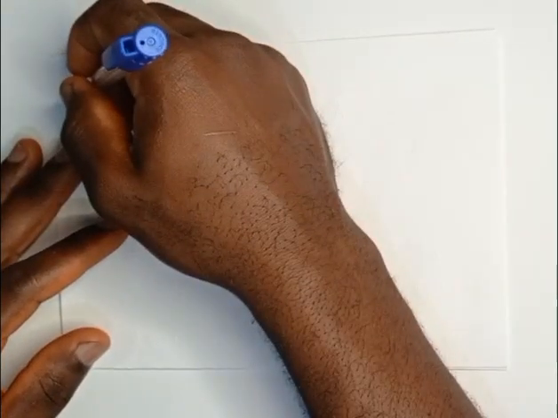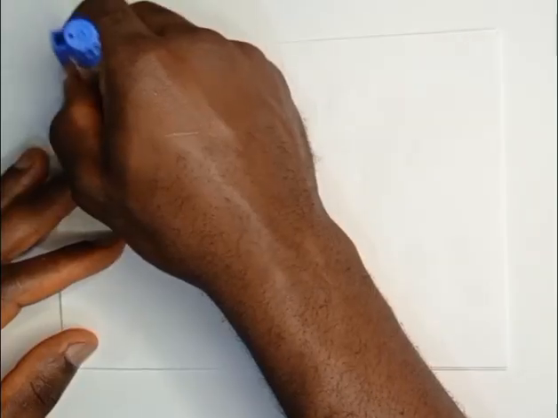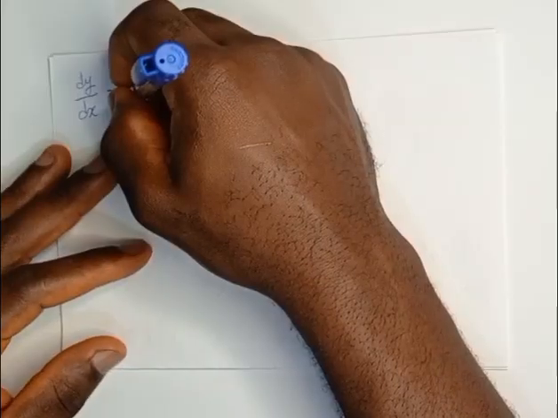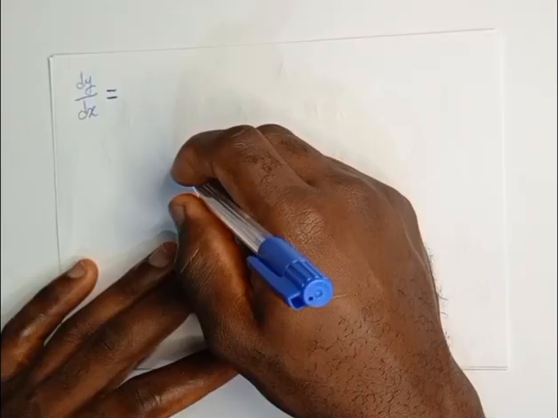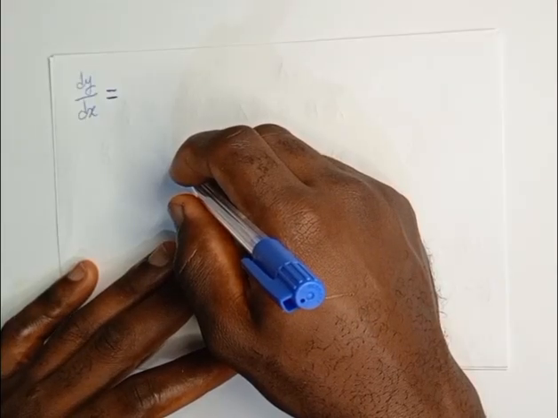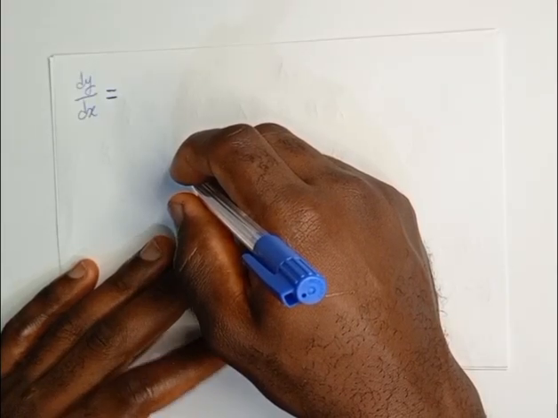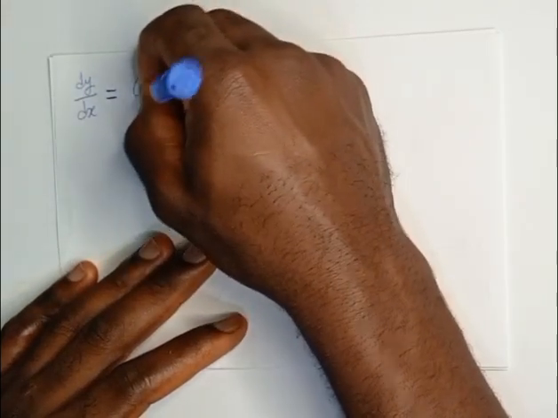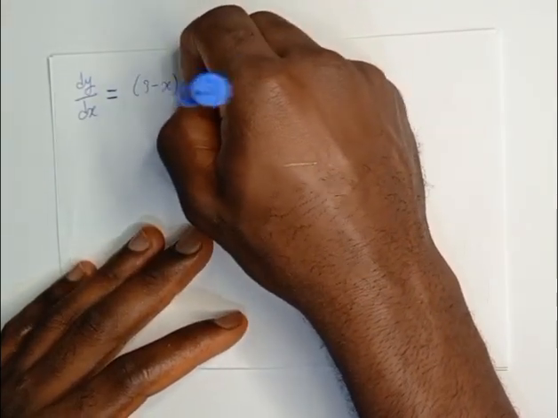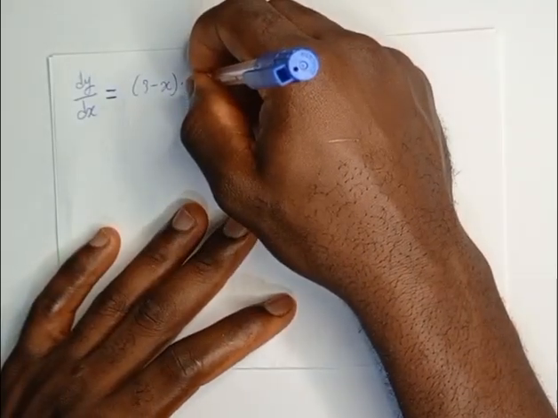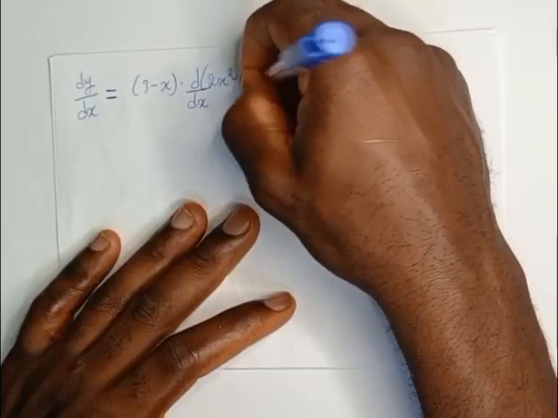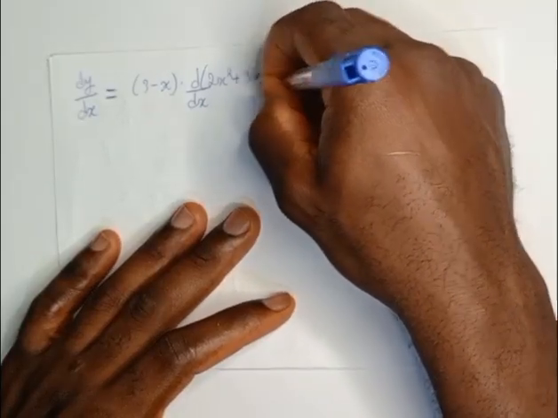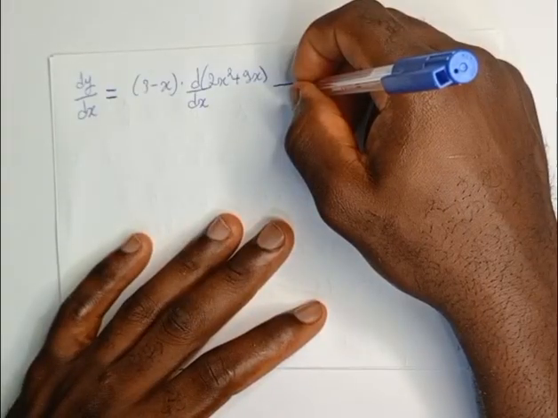By applying the above formula, our dy on dx will simply be equal to v. Our v is the denominator, which is 3 minus x. We are going to take 3 minus x times the derivative of the numerator, which is 2x squared plus 9x, minus u.